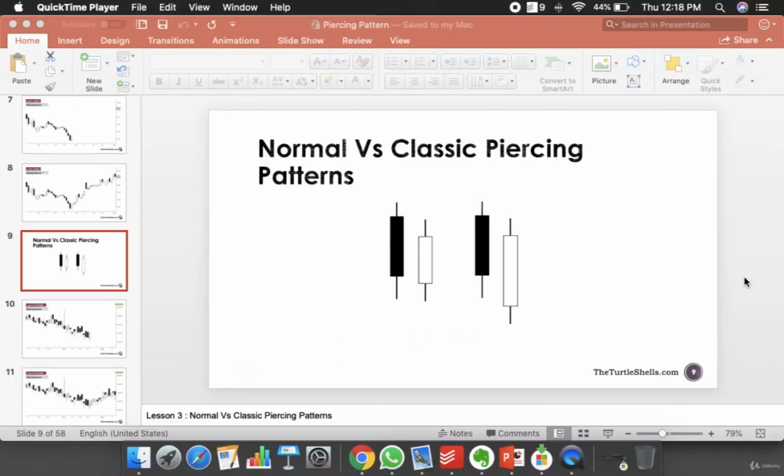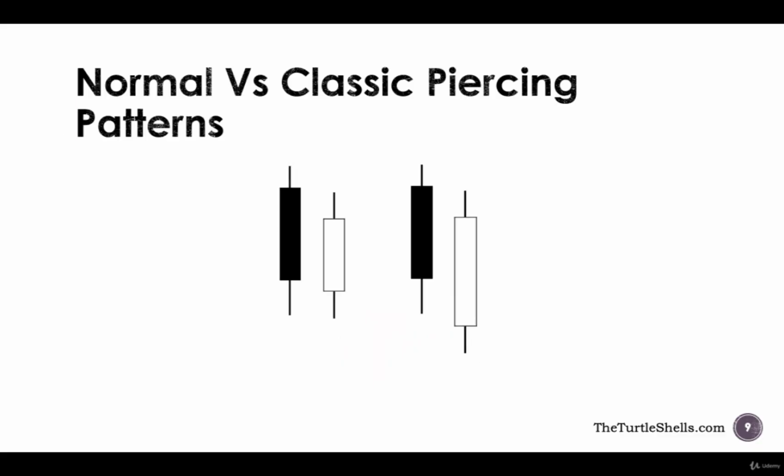Alright, let's have a look at what is the difference between a normal and a classic piercing pattern. We have touched upon this, but let's look at this closely. If the opening is below the closing of the prior black candle, but within the lower shadow of the prior black candle, I would say that's a normal piercing pattern.